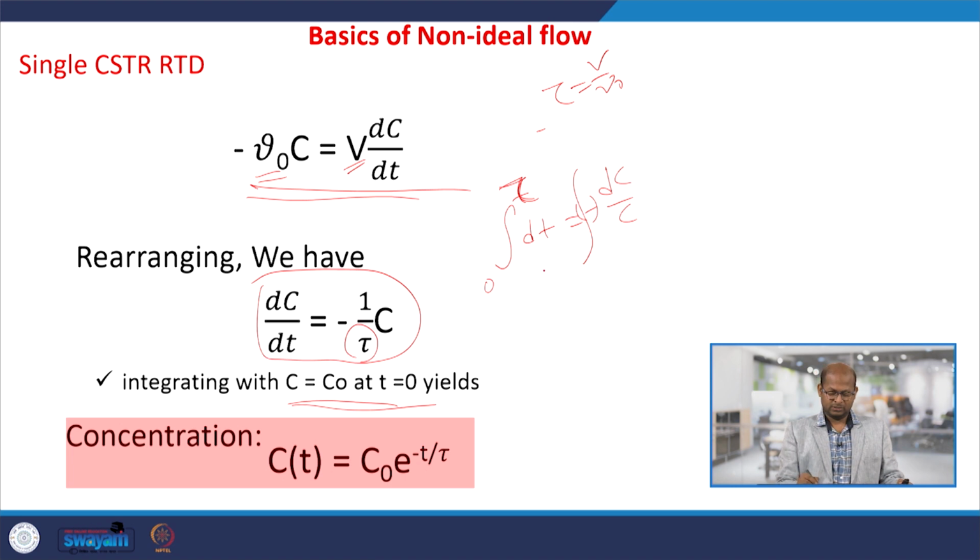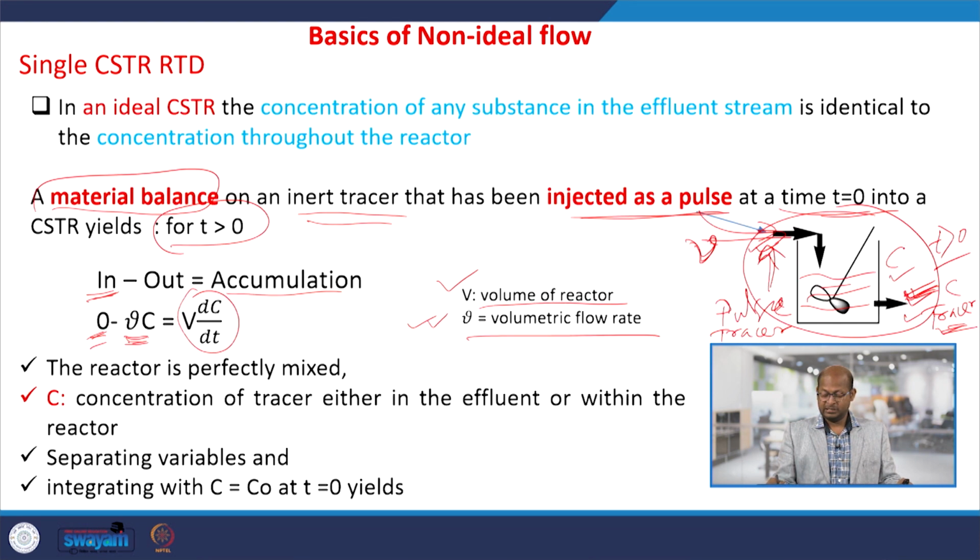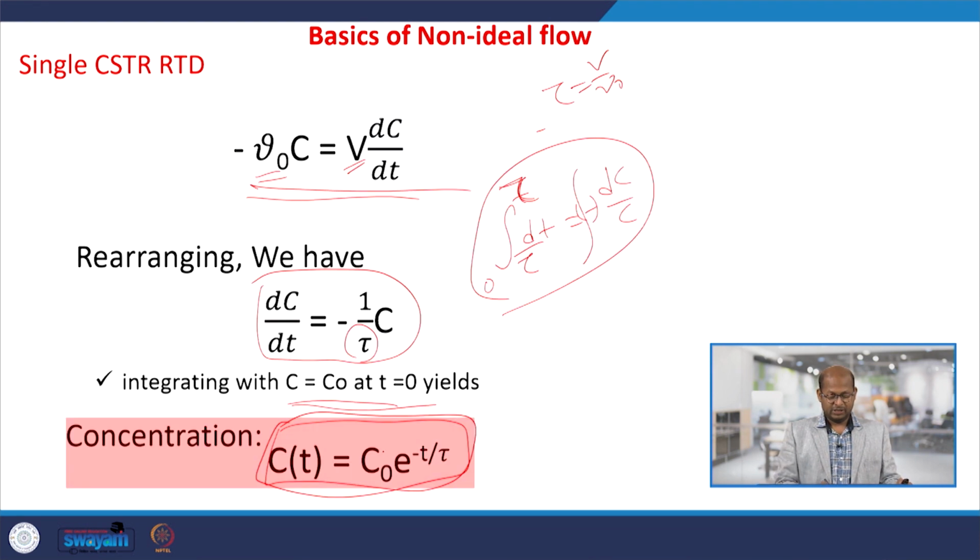It was wrong before; 1 by tau would be there. After integrating this we get C(t) equals C 0 times e to the power minus t by tau. This is the outlet concentration of the tracer coming out of the reactor at different times, where C 0 is the initial concentration of the tracer injected, and tau is the fixed volume divided by volumetric flow rate, so it is a constant.